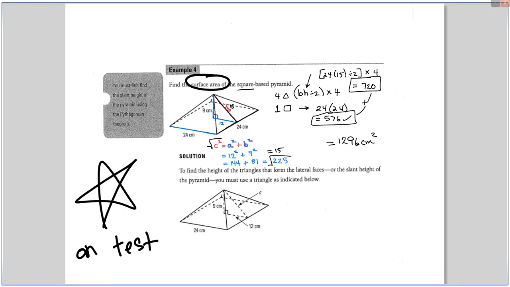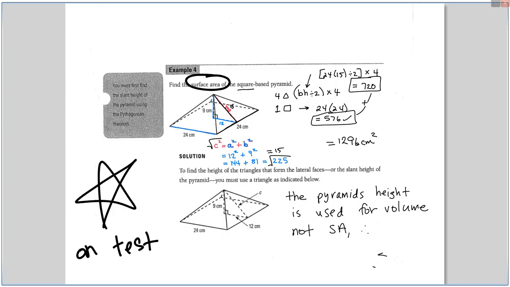Let's make a little note for ourselves, okay? The pyramid's height is used for volume, not surface area.